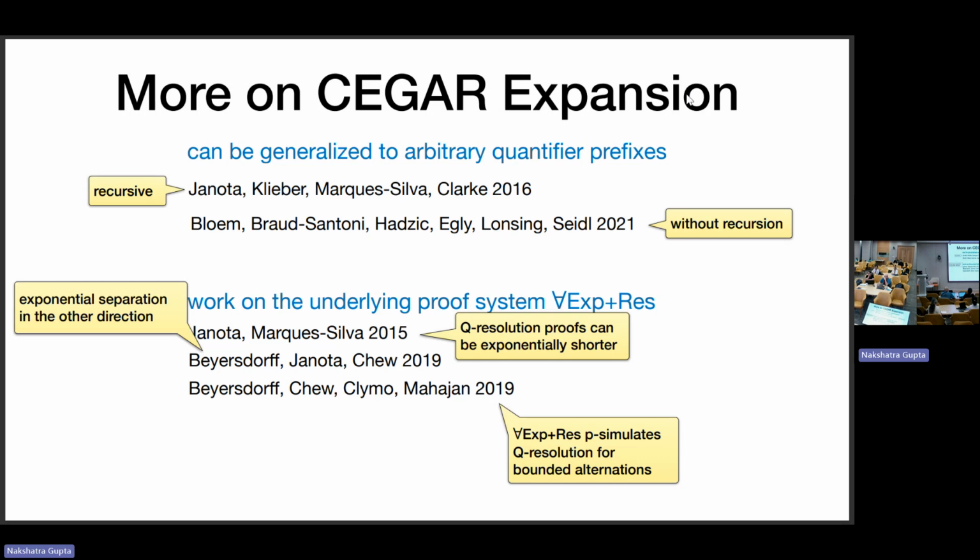There you have a polynomial simulation: Q-resolution is polynomially simulated by ForAll-X plus Res for such classes of formulas. That was a nice result, I think, because experimentally you can often observe that CEGAR expansion does well when you have few quantifier alternations, maybe two or three, or one or two.